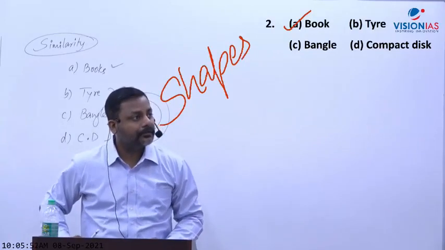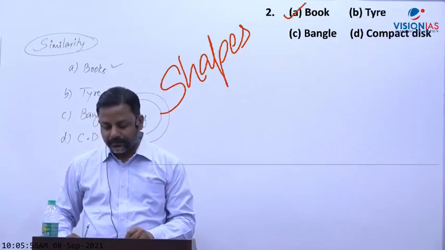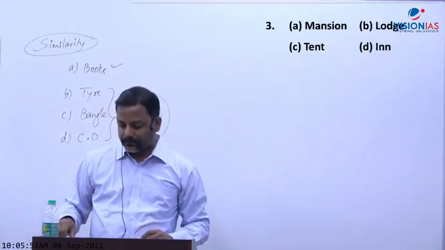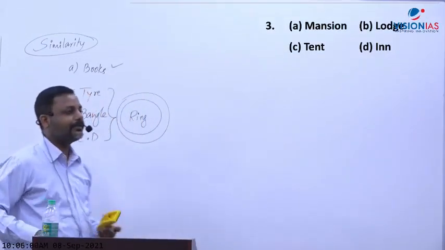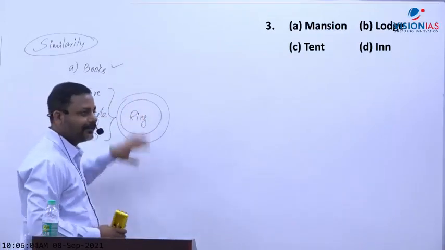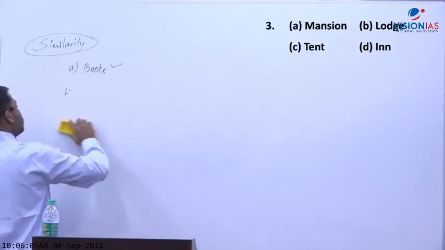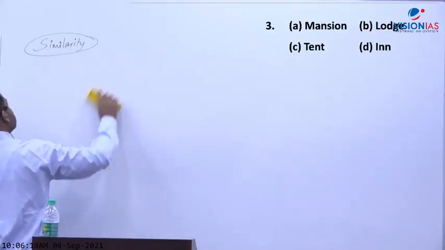Got my point now? The shape is, you can say circular, but it is not basically a complete circle. It is in the form of ring. So we have classified them as per their shape.